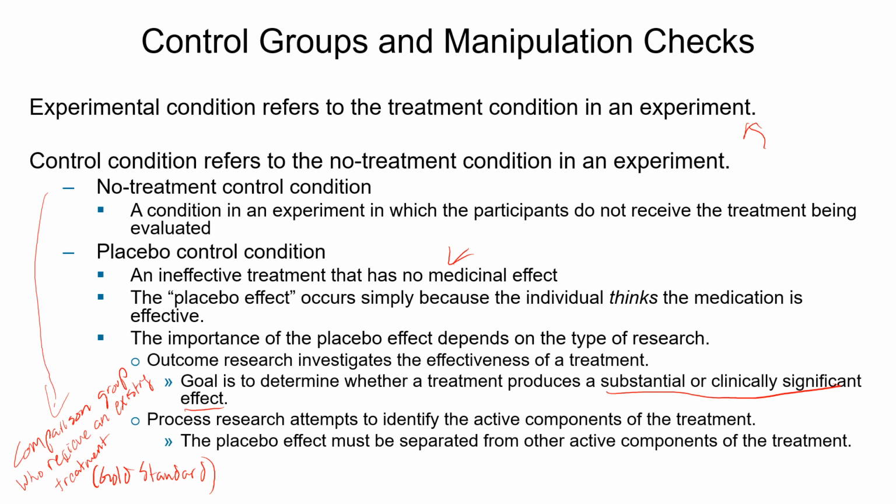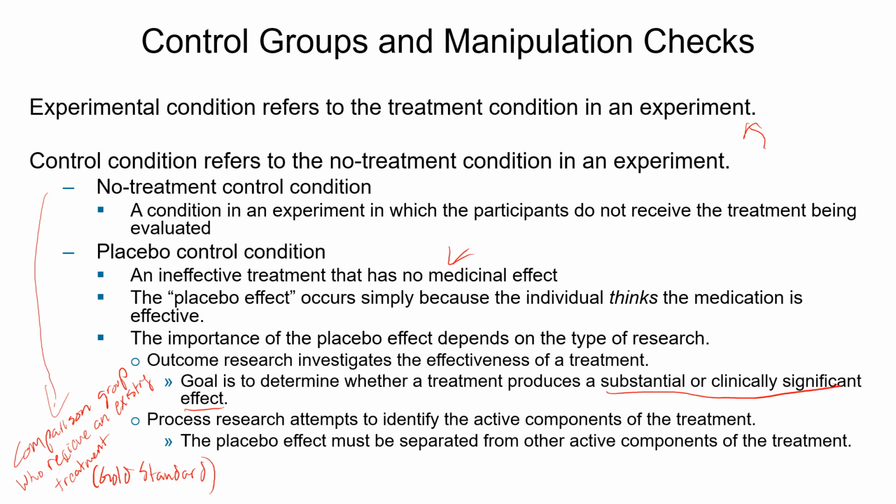So instead of making our control group be a placebo or no treatment condition, we'll make our control group be the existing gold standard for pain relief. In this case, it would probably be acetaminophen. So we would be comparing our new drug to acetaminophen, at least if we're looking for a minor pain reliever. If we're looking for a major one, we may compare it to codeine or even bigger things like that.